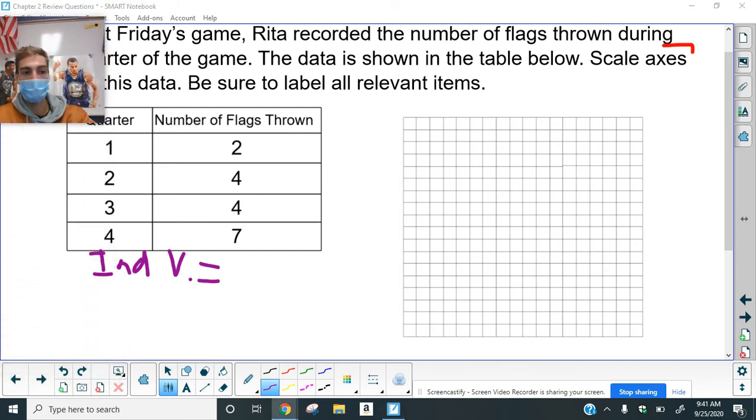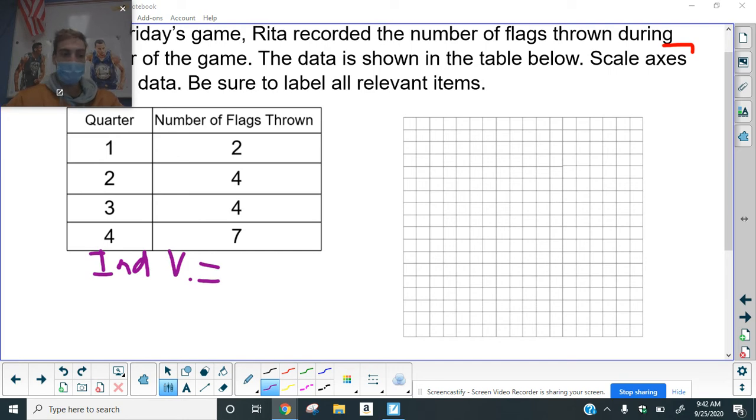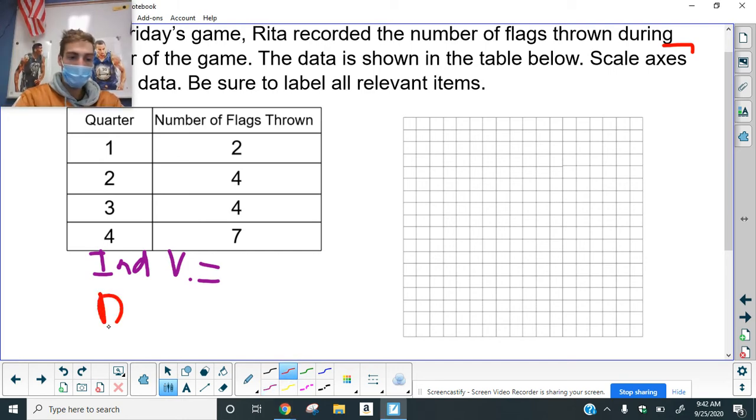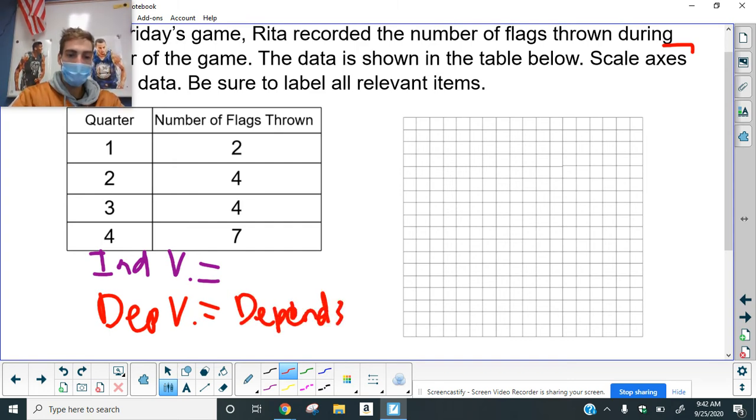It's like something that progresses over time. And then my dependent variable is going to be what depends on the independent variable. It depends on the other thing.